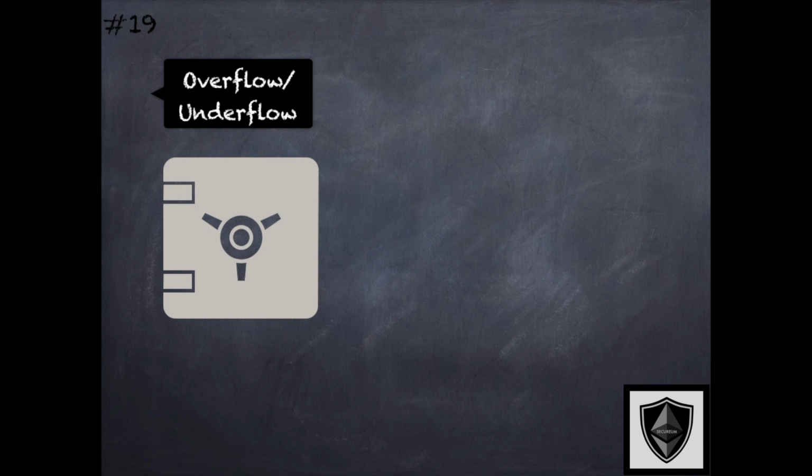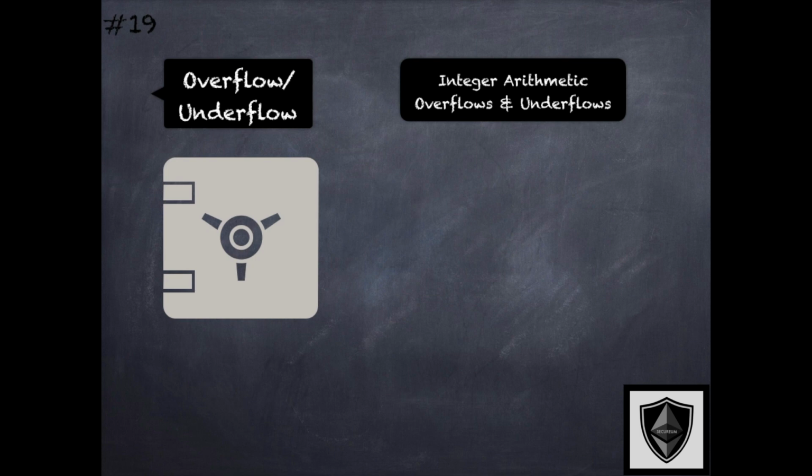This security pitfall is related to the notion of overflows and underflows in Solidity smart contracts. This is applicable to any integer arithmetic that is used within the contract, which is very often encountered.